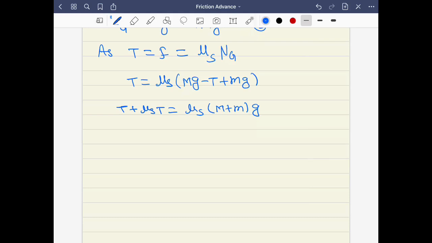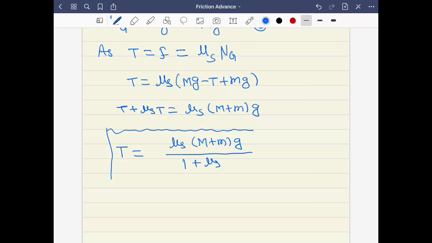And if I just rearrange this, I'll get T is equal to mu s times capital M plus small m into g divided by 1 plus mu s. And this is the final answer which we have. So I hope this is clear.